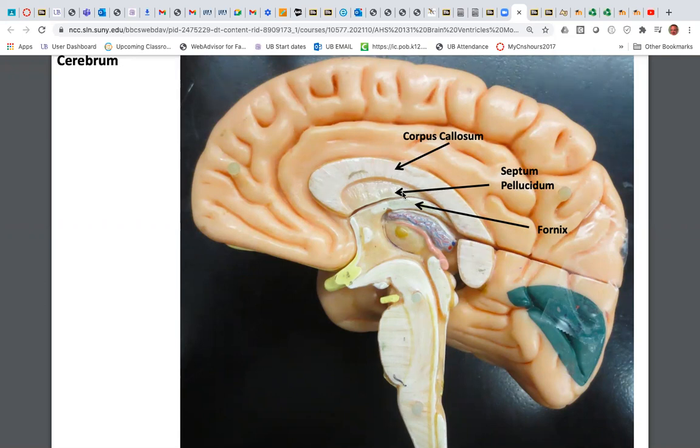The septum pellucidum is this clear membranous structure that separates the ventricles, the lateral ventricle 1 from lateral ventricle 2. It's this clear sheath, this membrane called the septum, like a wall, like a nasal septum, septum pellucidum.